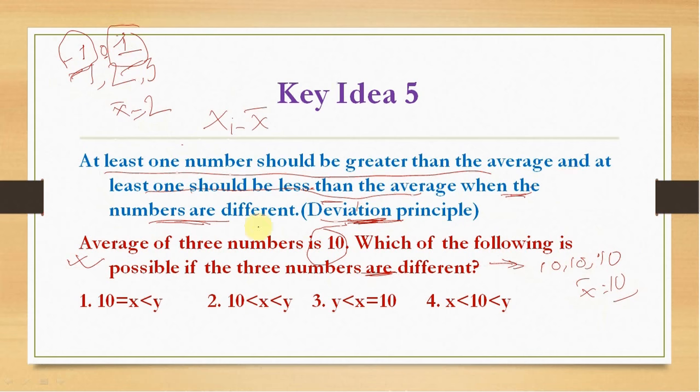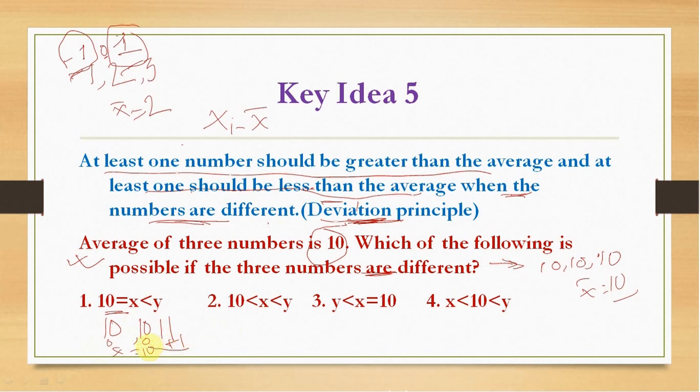So now we evaluate the alternatives. So this says that 10 equals to 10, 11. So now we calculate deviation. If we assume that the average is 10, so the deviations are 0, 0 and +1.